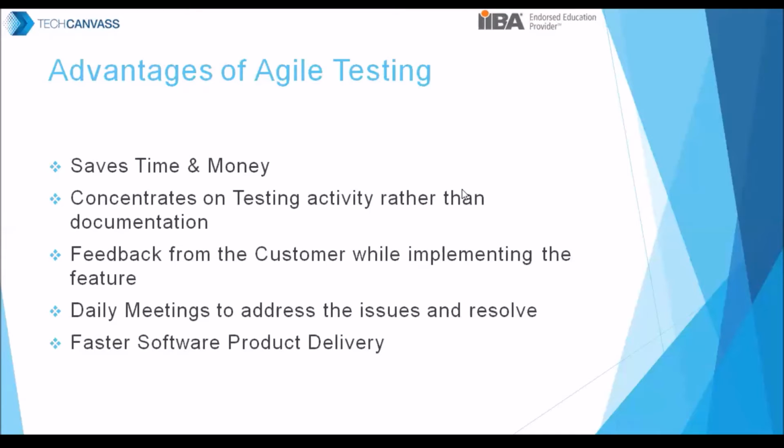The product is developed in the way the customer wants, and it goes right at the decided time. So faster software product delivery can be achieved if we are properly using agile testing.